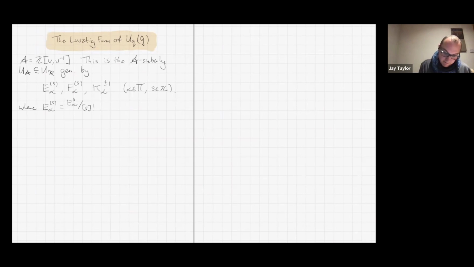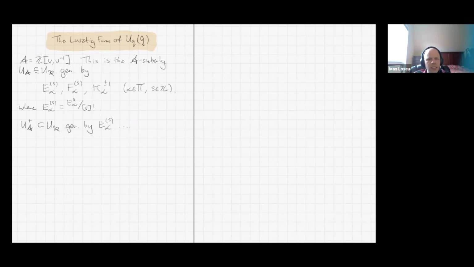Okay, and then U_A plus is generated by E alpha^(S) and so on. Just to be clear, we are talking about the simply connected form.